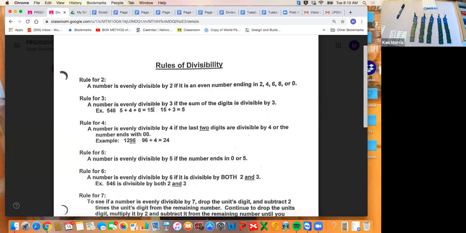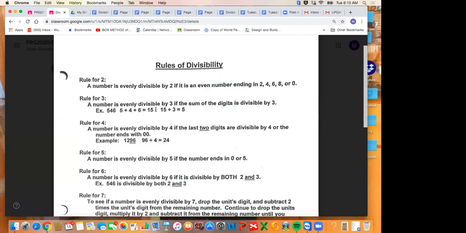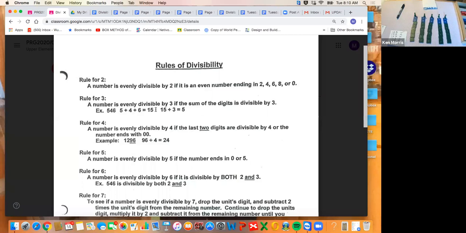So really what they skipped is that you need to add 1 plus 5 equals 6 in order to get to a number. Or you can just recognize that 15 is divisible by 3. That's why they do it this way. So you either recognize or you keep going. 1 plus 5 is 6, and 6 is obviously divisible by 3. Thank you.